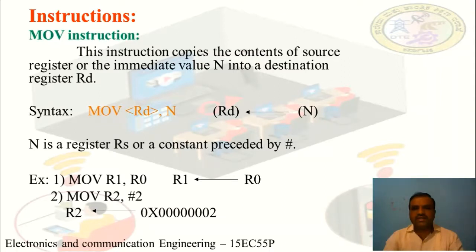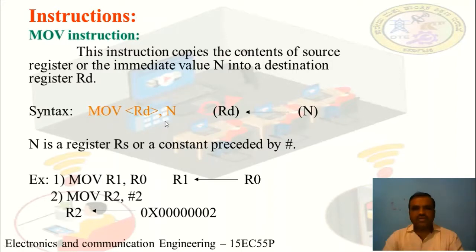The general syntax for the move instruction is: you have to use the keyword move, then destination register, then source. This source may be a register or a constant value. If you use a constant value, that constant value should be preceded by the hash symbol.